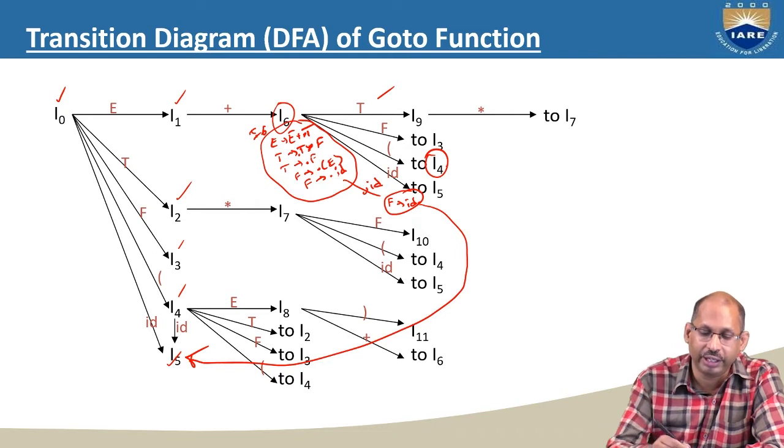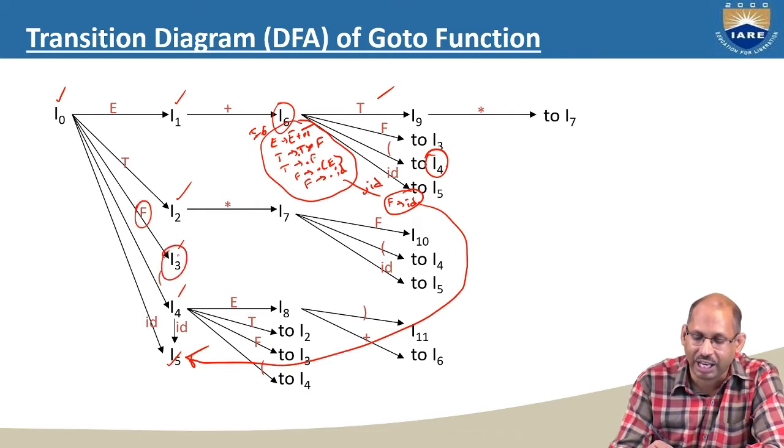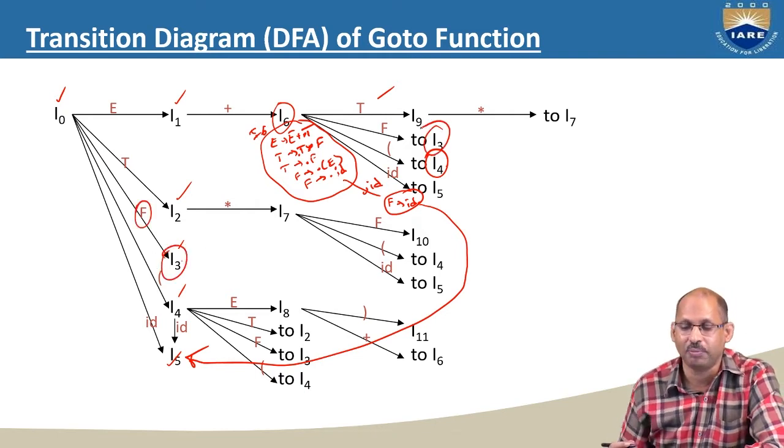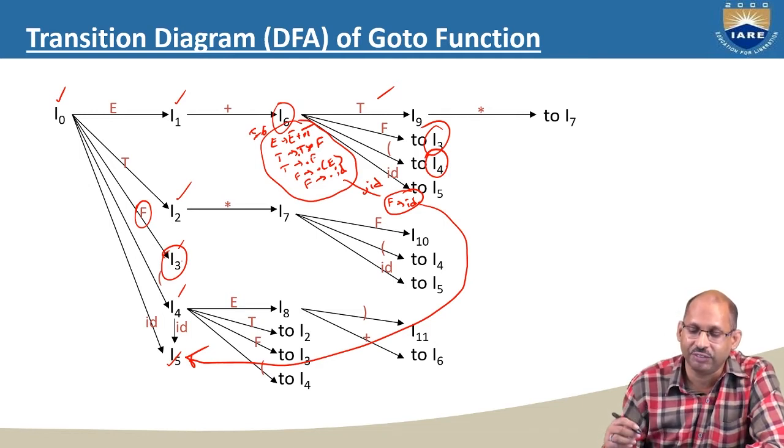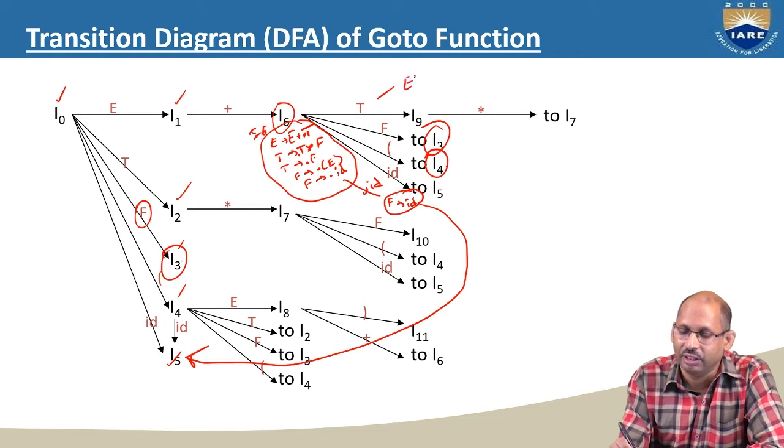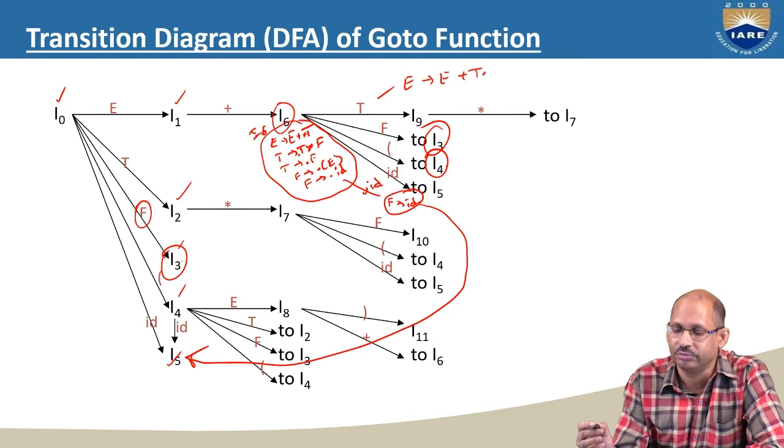On F, I0 on F already gives I3, which is the same, so we match to this one. But on T, what is it giving? E gives E plus T dot.